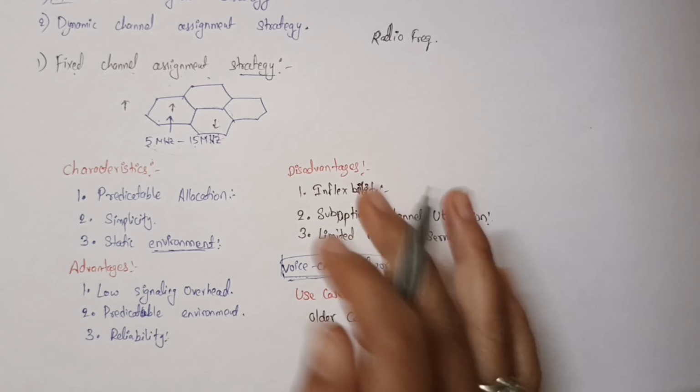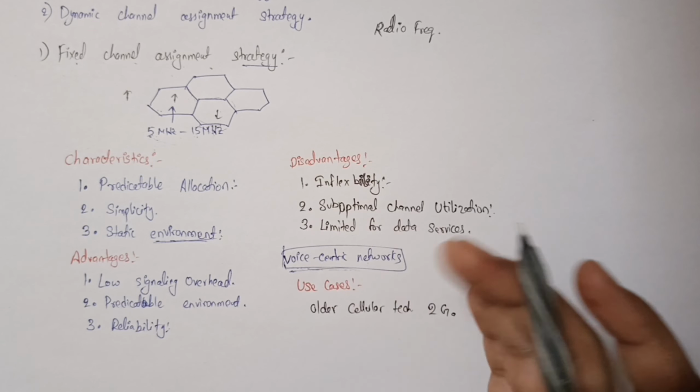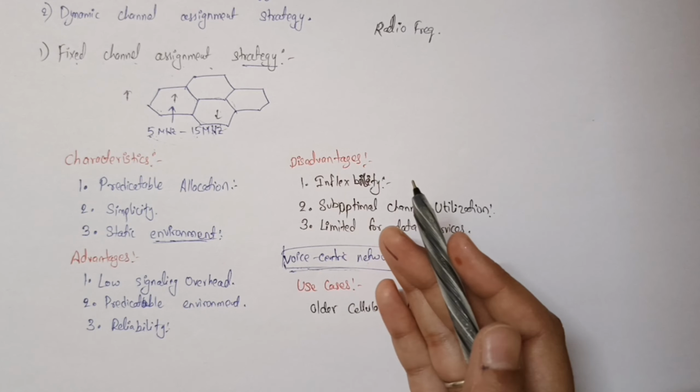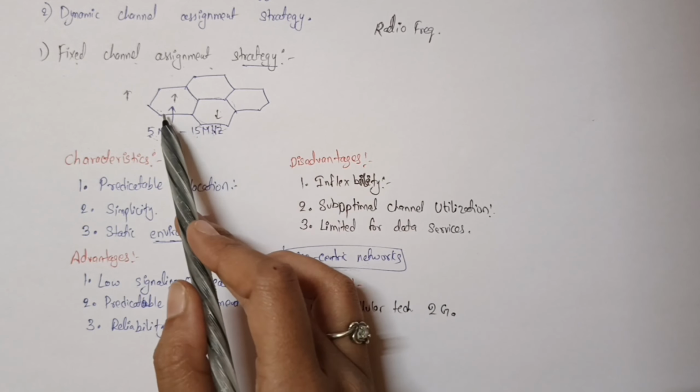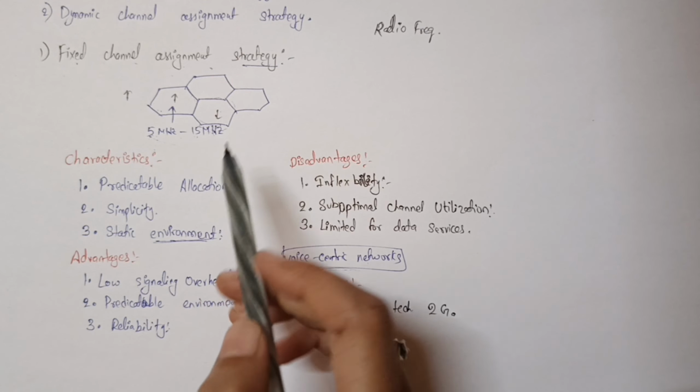Now let's summarize it. So fixed channel assignment strategy is a channel allocation strategy in cellular and wireless networks where a cell is assigned with a fixed set of radio frequency channels.